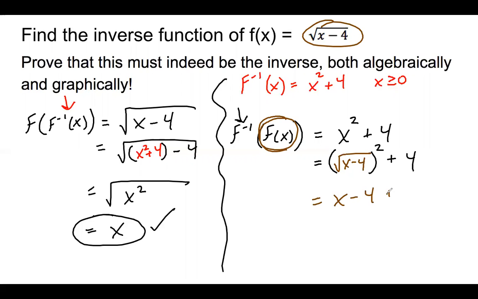Carry down our plus 4. So x minus 4 plus 4, the minus 4 plus 4 zero out. So we have just x. So if you do the composition of f and its inverse, or the inverse plug in f, and you get x both ways, that is algebraic confirmation that you have found a pair of inverse functions.